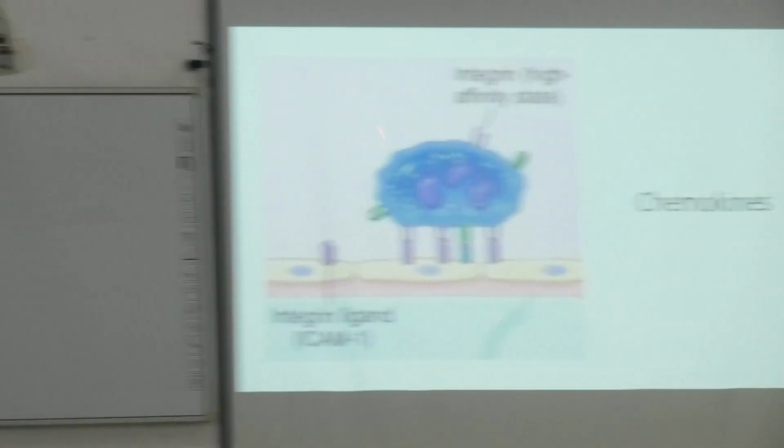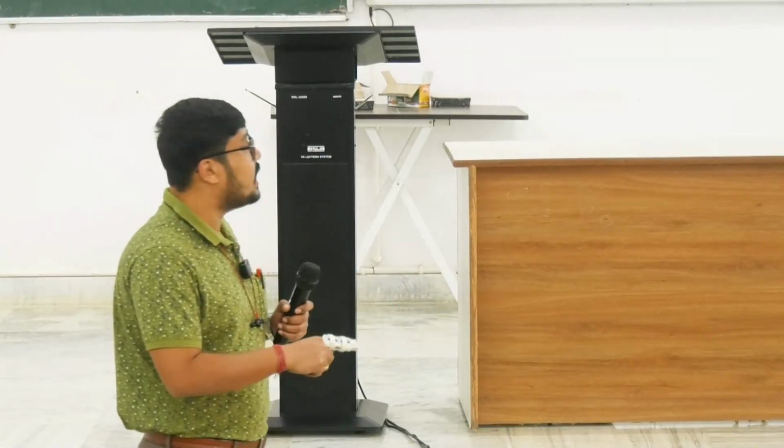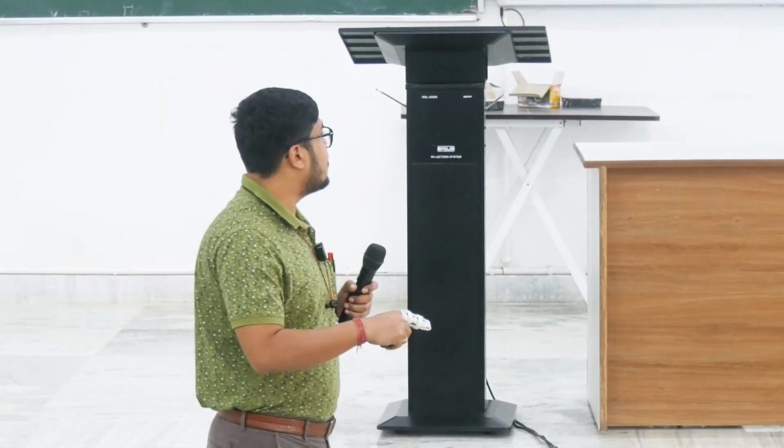So this is a neutrophil, in the process of acute inflammation. It rolls along the endothelial cell, and after binding the integrin to the ligand present on the endothelial cells, this neutrophil eventually enters the gap between two endothelial cells.